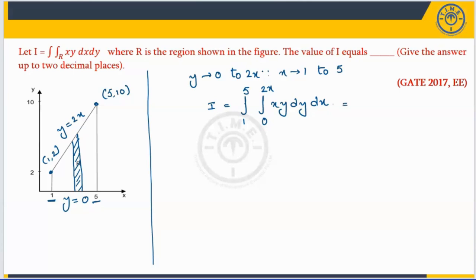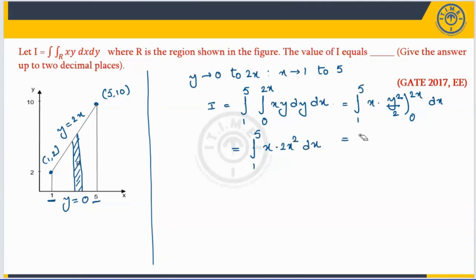So that is integral from 1 to 5, x into y square by 2, with limits from 0 to 2x. That equals integral from 1 to 5, x into, if we apply the limit, 4x square by 2, so that will be 2x square dx.